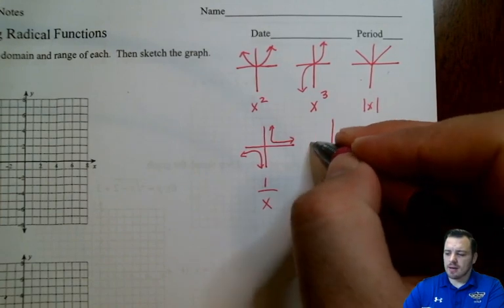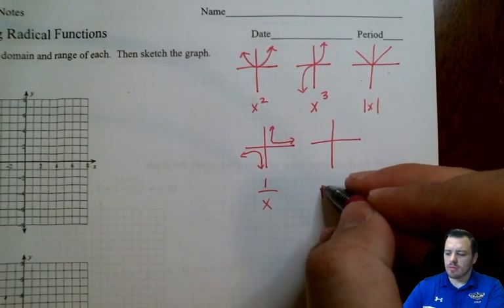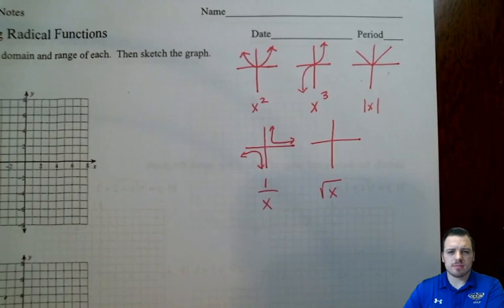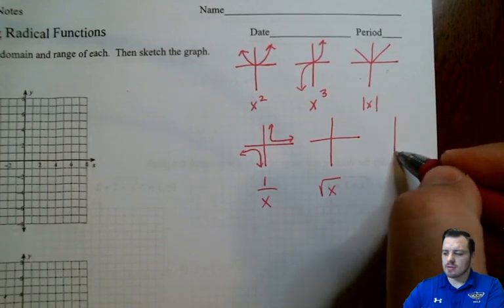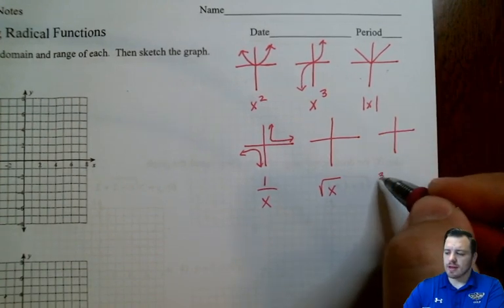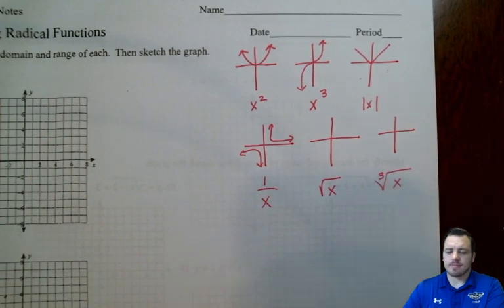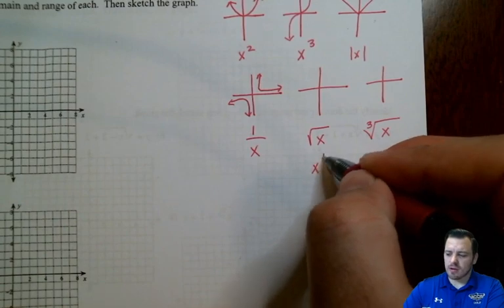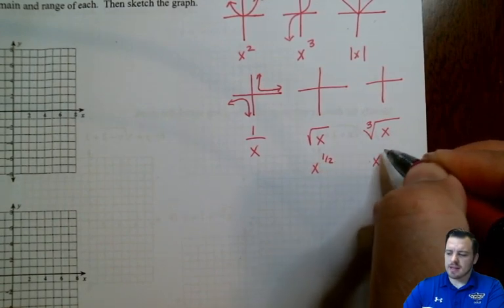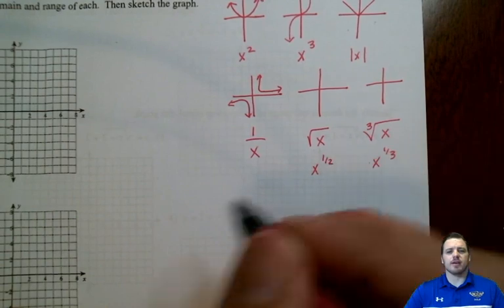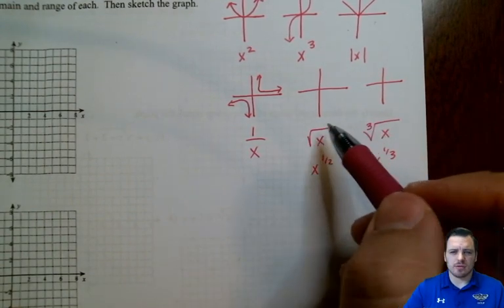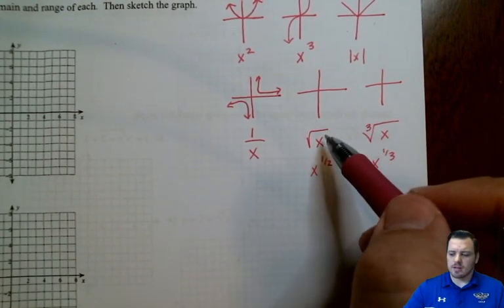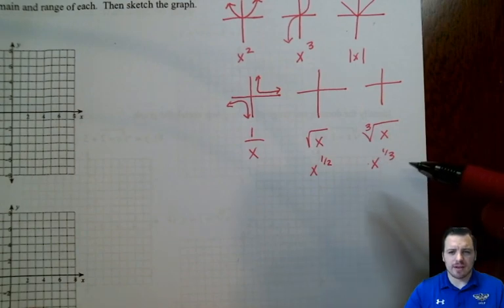Today, we go to 2 more: radical x, and the cube root of x. Keep in mind that this is x to the 1/2, and this is x to the 1/3. Those are the same thing, because the index is 2, it's raised to the 1/2 power, and x to the 1/3.